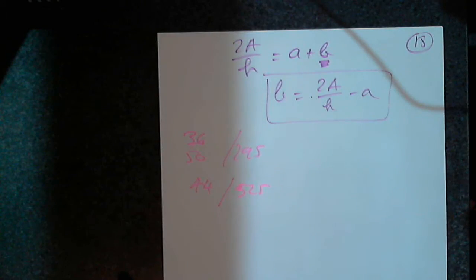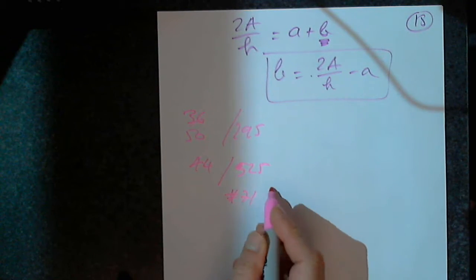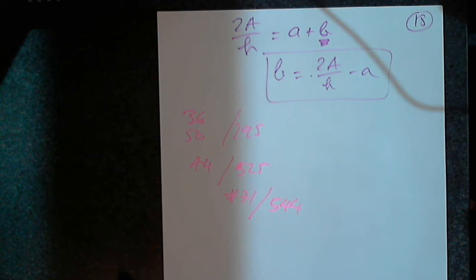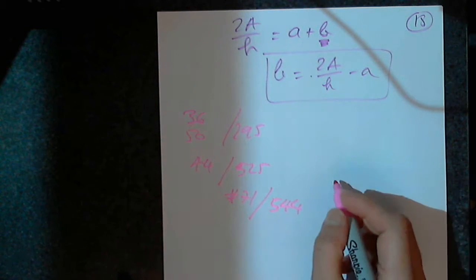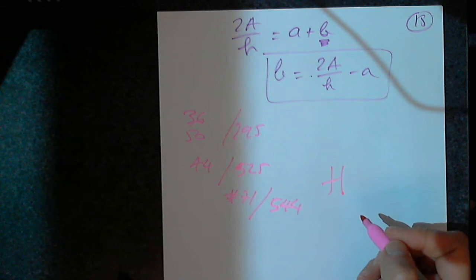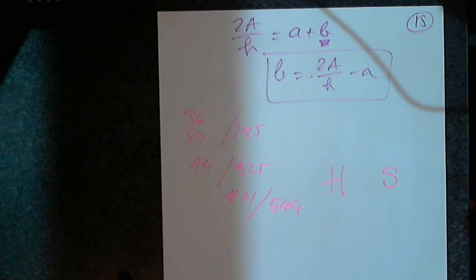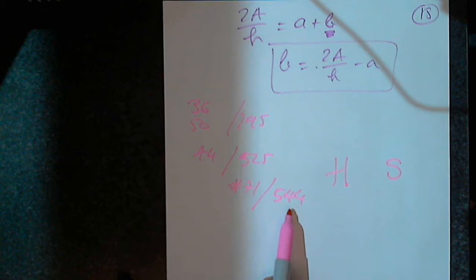Okay, so let's work on 71 first, on page 544. The horsepower to drive a boat varies directly as the cube of the speed of the boat. Which page is this one?